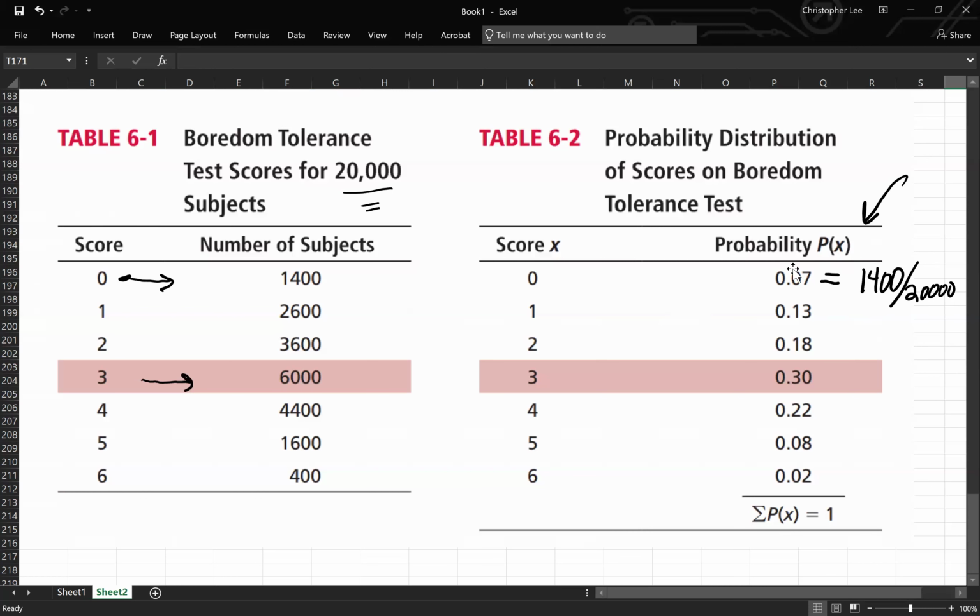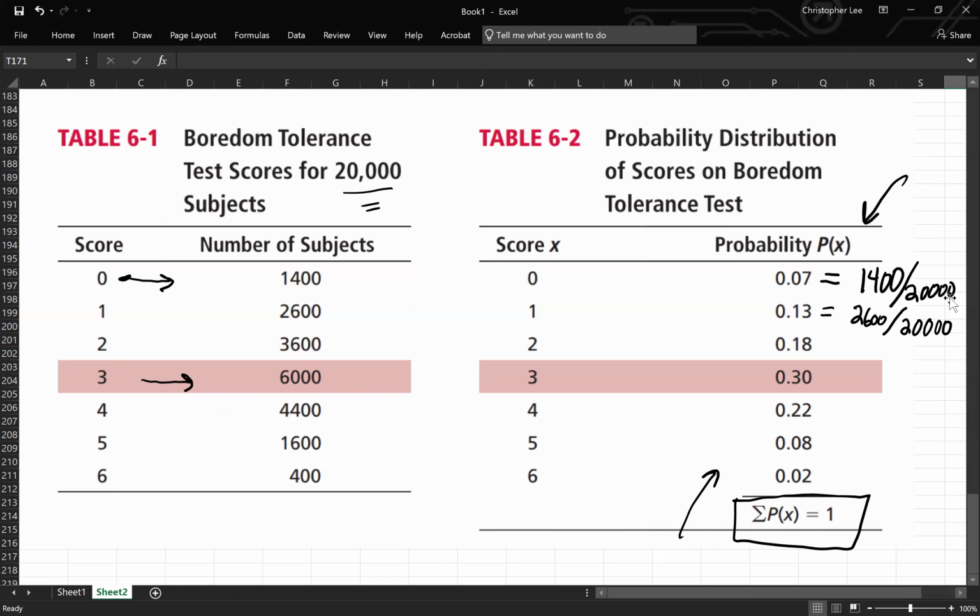And that's how you get the 0.07. The next one, same thing, 2,600, and you're dividing it by the 20,000. So on and so forth. And that's how you get this column for probability P of X. And when you add it all up, it must add up to 1.